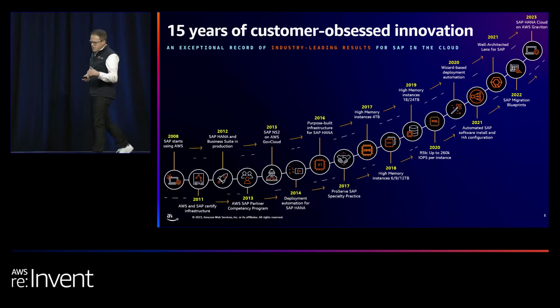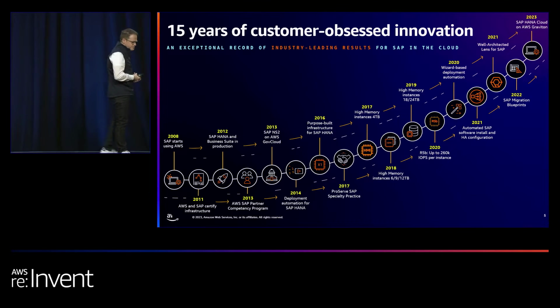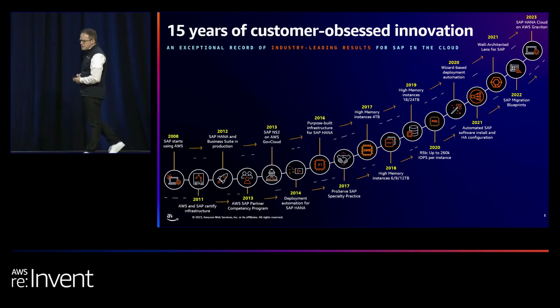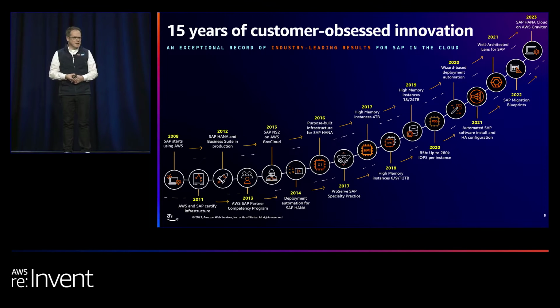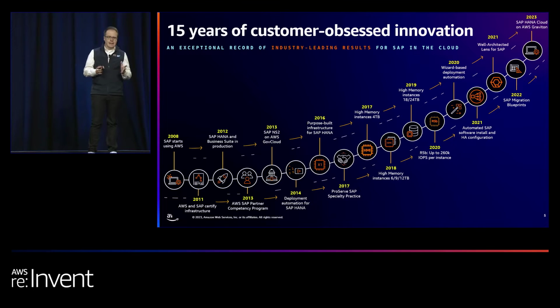And midway through this journey, SAP introduced a very high-performant database called HANA. It's an in-memory database. And, of course, this requires special compute instances. I think at the time, the biggest compute instance that we had from a memory perspective had maybe a quarter terabyte of RAM.